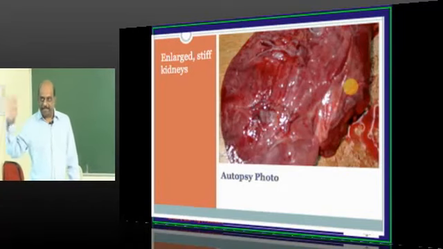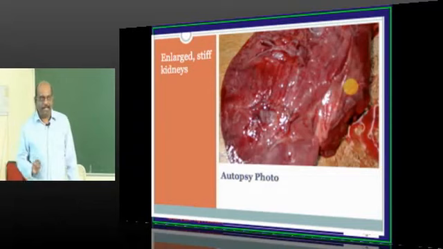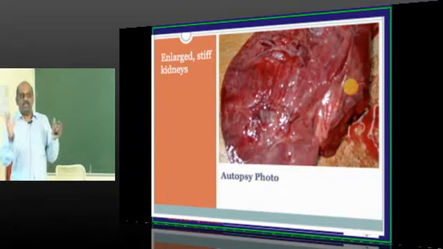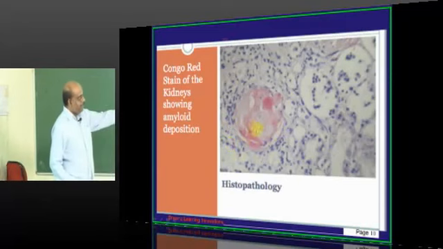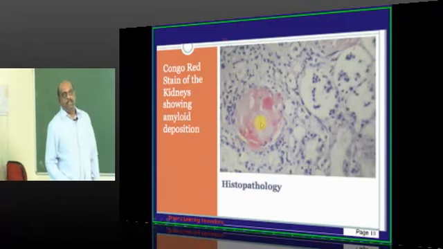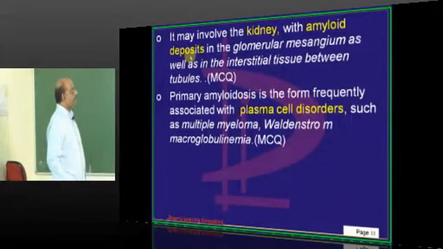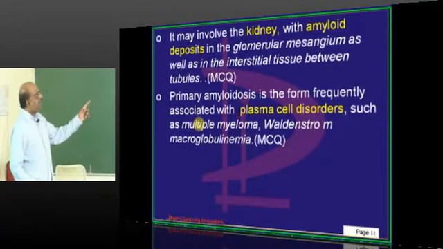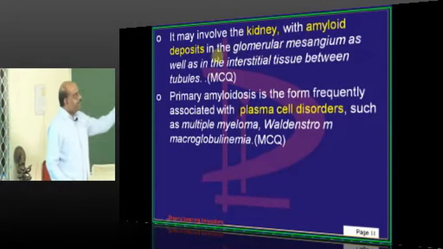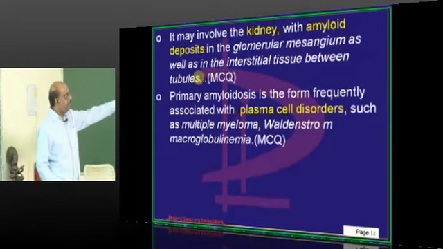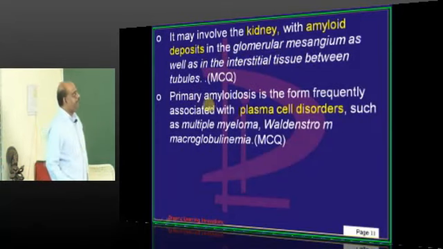Diabetic nephropathy leading to ESRD and CKD, and amyloidosis is another cause where the kidney size is not shrunken, is what you have to remember. This is the typical Congo red staining in the renal biopsy in case of amyloidosis. Then in primary amyloidosis, there can be kidney involvement where the amyloid will deposit in the mesangium and interstitial tissue in all these locations.